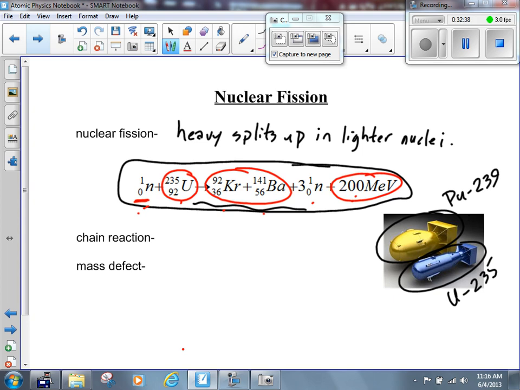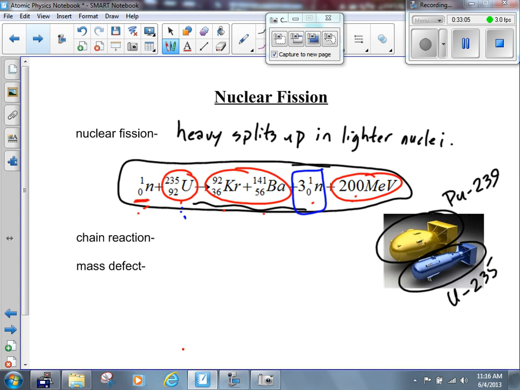So what we do in the case of a nuclear weapon is try to create what we call a chain reaction. A chain reaction exists when the products of one reaction become reactants for the next reaction. In other words, these three neutrons will hit three more uranium-235 nuclei, which will cause 600 mega electron volts now, because we got three more reactions taking place.